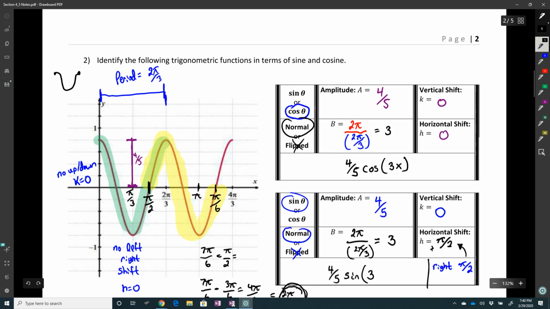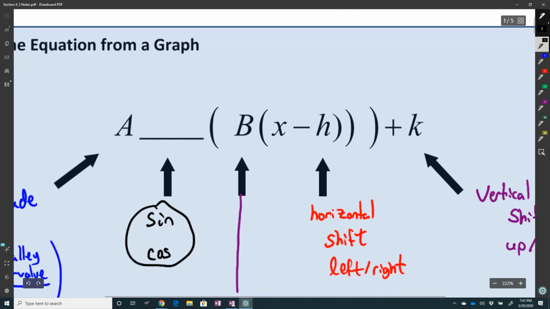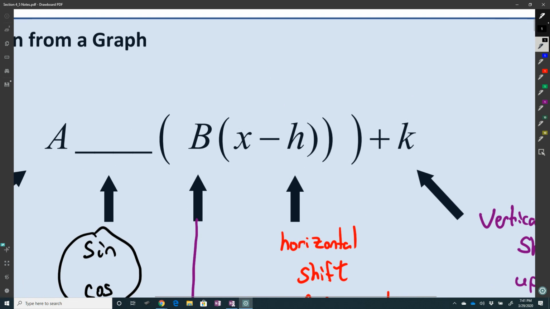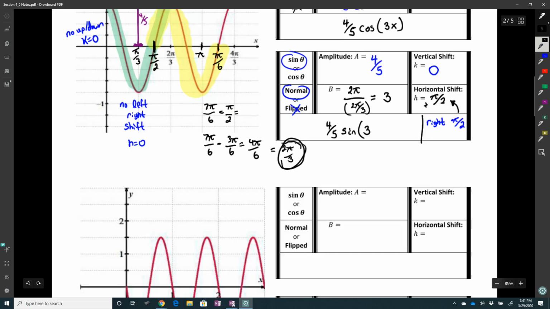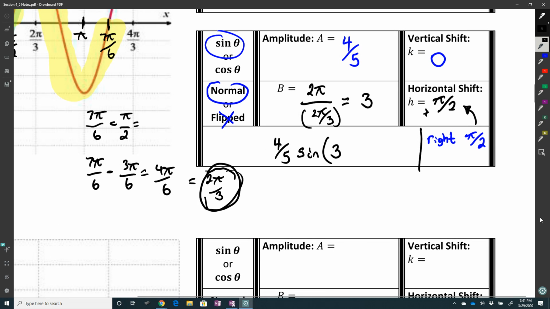But remember that whenever we write it out, it's going to be b parentheses x minus h. So b parentheses x minus h, in this case x minus pi over 2. There you go. Now if you wanted to, you could distribute the 3. It's up to you. And that gives you 4/5 sine of 3x minus 3 pi over 2.